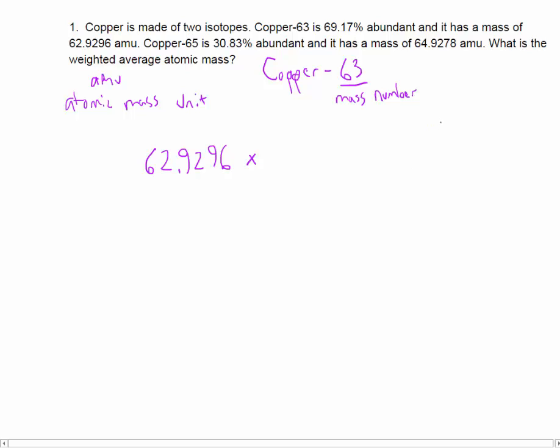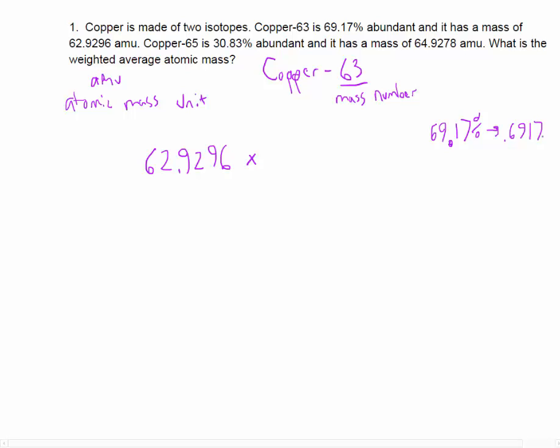Now, just keep in mind, you're going to multiply it as a decimal. So 69.17% will actually be multiplied by 0.6917.